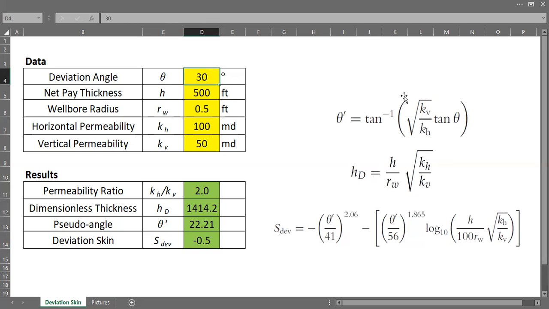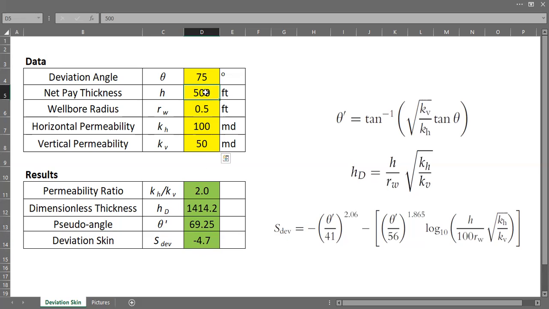For example, 45 degrees, the skin will be bigger in negative numbers. And then what about 75? Actually, this is the maximum limit of this formula. The maximum is 75 degrees. So maximum we can reach minus 4.7 with the other parameters constant.